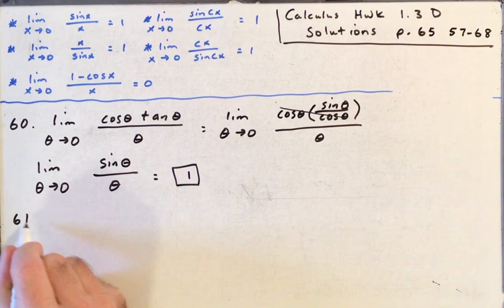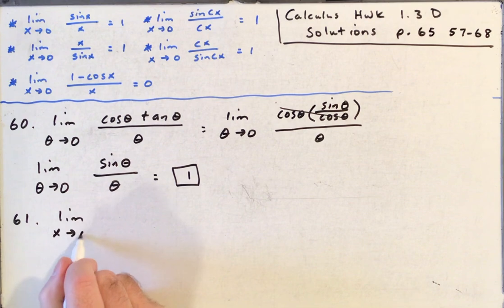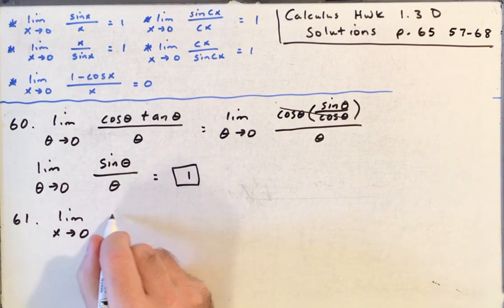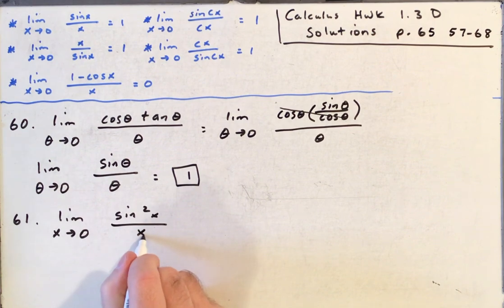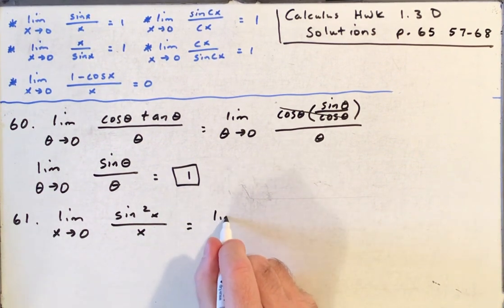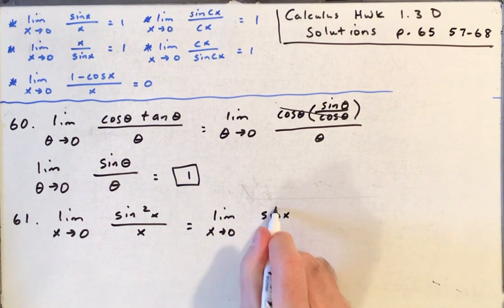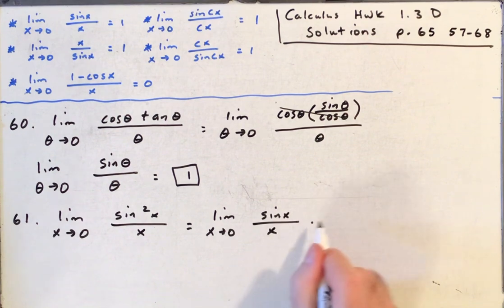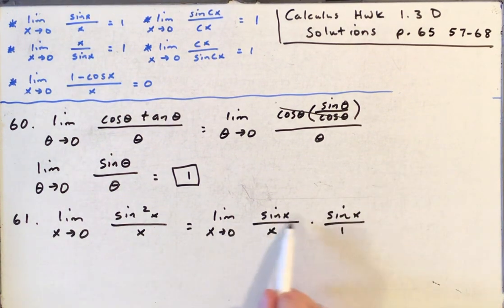All right, 61. We've got the limit as x approaches 0 of sine squared x over x. All right, let's pull that sine squared apart. So the limit as x approaches 0 of sine x over x times sine x over 1. If you multiply that back out, you're going to get sine squared x over x, right?